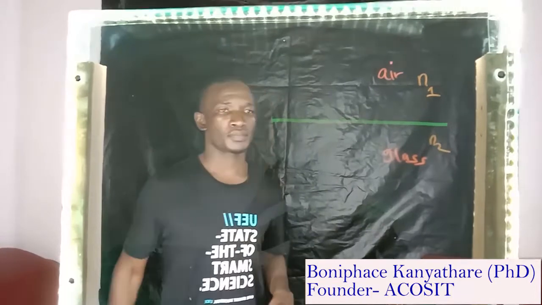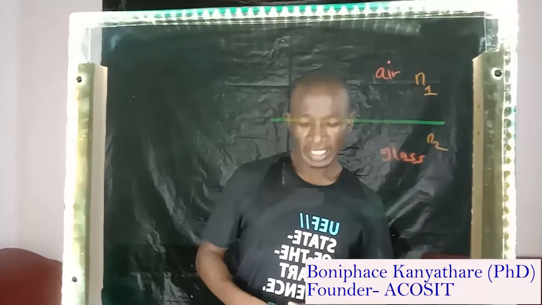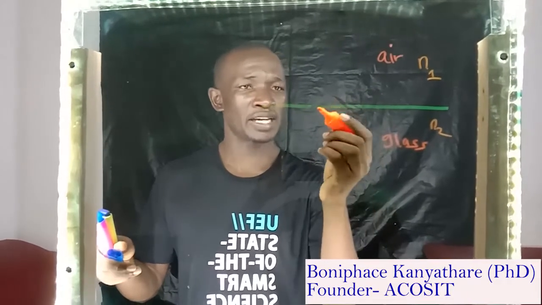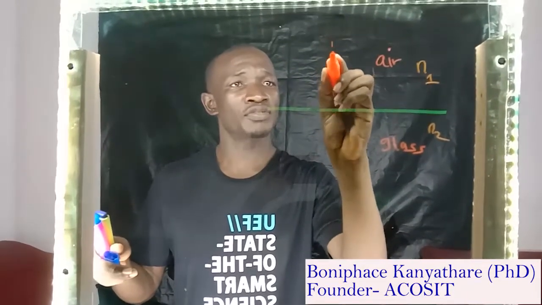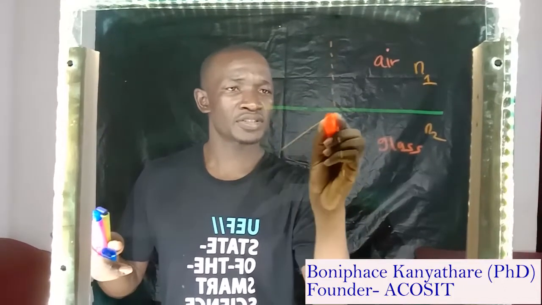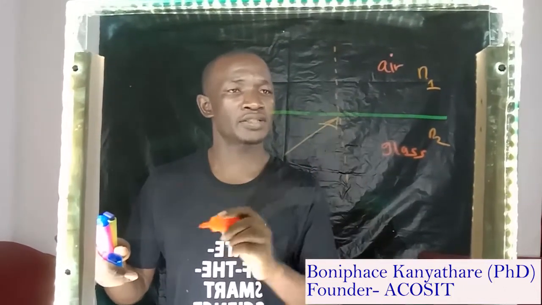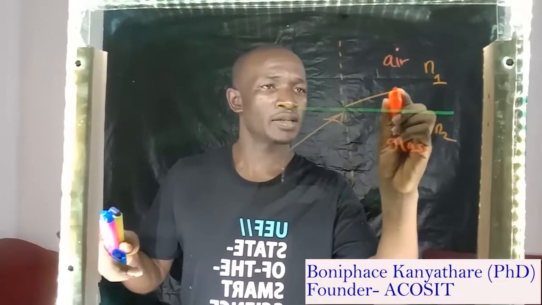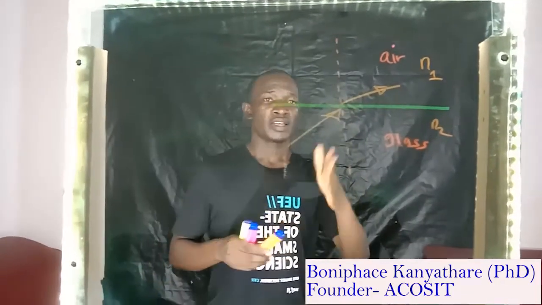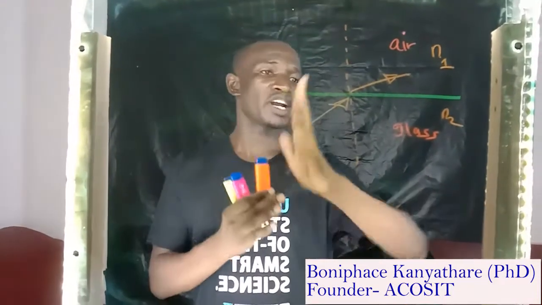What happens? We say when light travels from glass to air, it's going to bend. So if this is our normal, if light travels across the boundary like this, it's going to bend. This is the so-called refraction. The ray of light has been refracted.